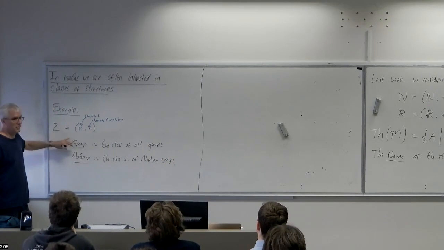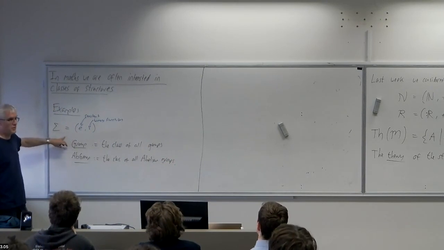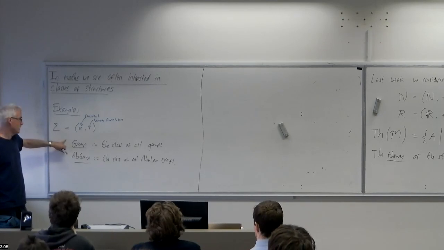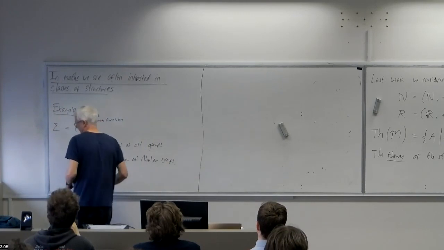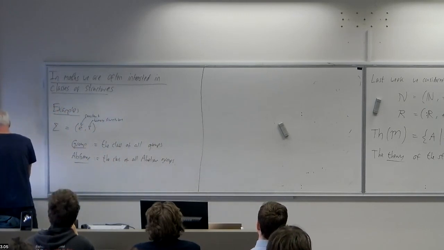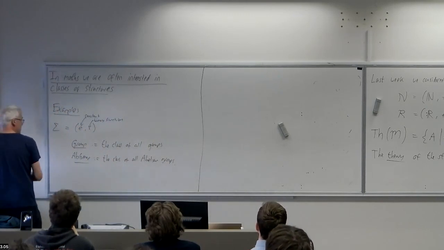Another mathematically natural one for those who know the concept would be the collection of all monoids, or the collection of all semigroups with identity. So there are lots of other classes of structure that are naturally associated with this signature.